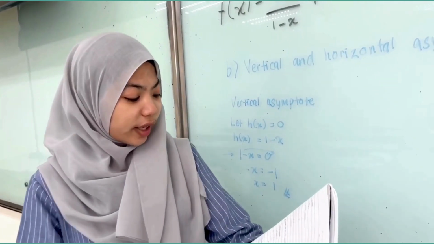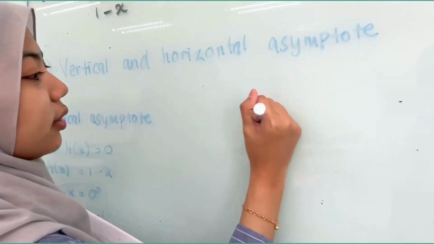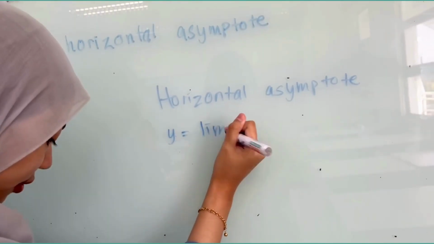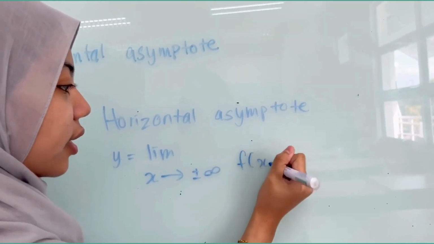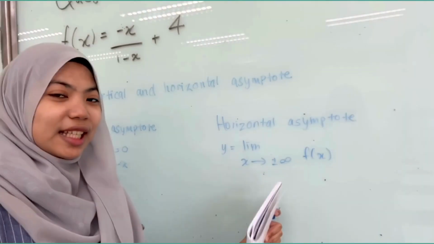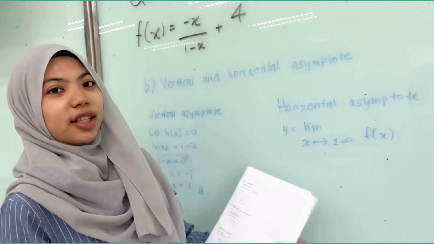Second one, we have to find the horizontal asymptote. y equal to the limit as x goes to infinity of f(x). We have to use this equation to find the horizontal asymptote.